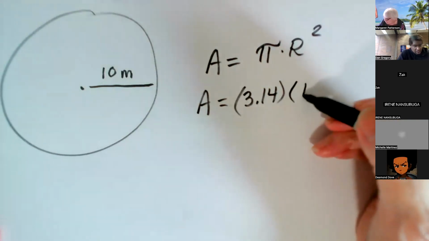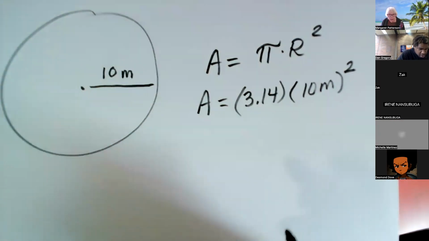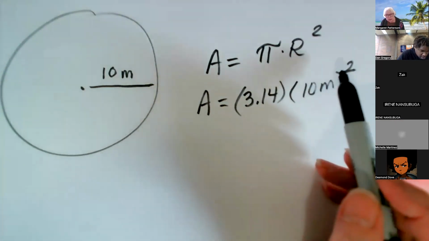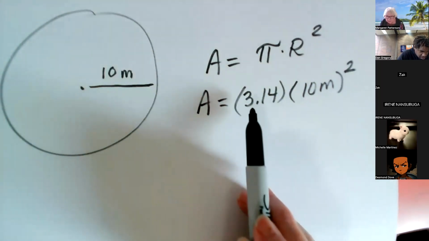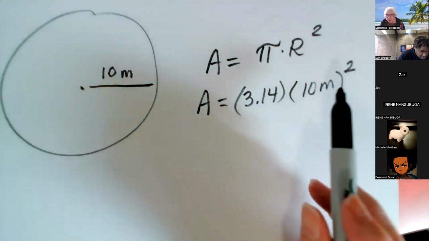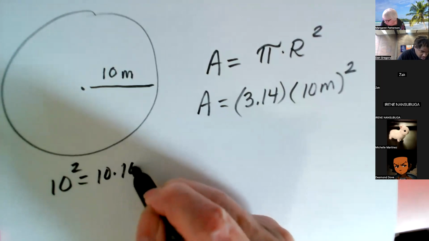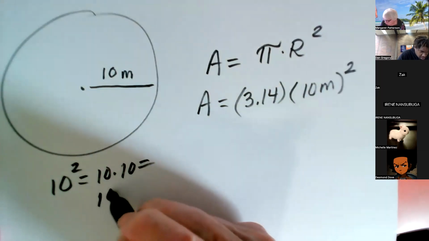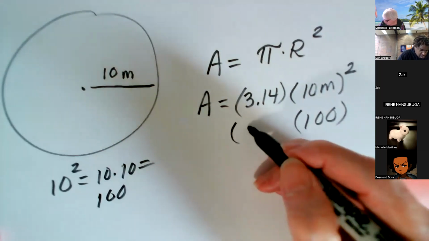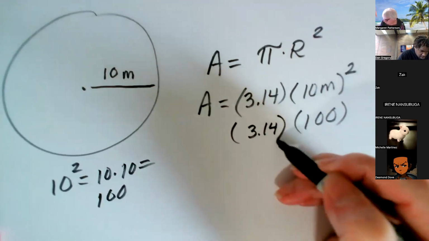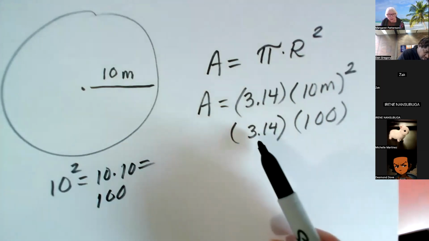And then you put 10 meters and the square goes on the outside. Order of operations means that you have to do the squaring before you do the multiplying. It makes a difference. So 10 squared is 10 times 10, which is 100.